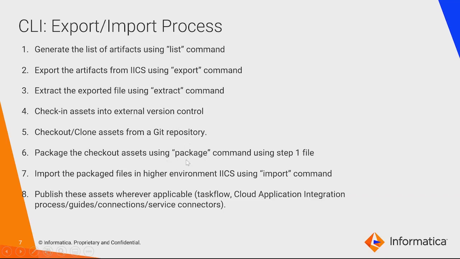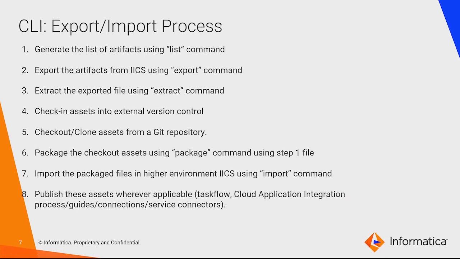Package that checked-out assets using the package command and the same file that you have over here, or you can generate the file like I said. So package it, and then you have the import command to import into the higher environment of Informatica Cloud. Once the import is done, you would have to go and publish these assets manually.